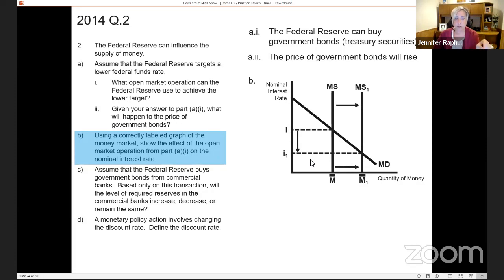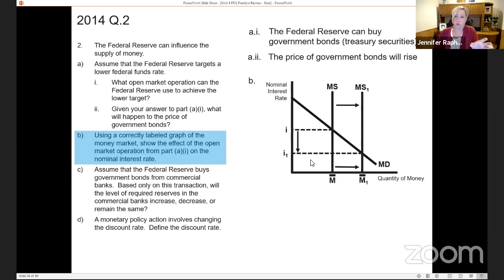Assume that the Federal Reserve buys government bonds from commercial banks. Based only on this transaction, will the level of required reserves in the commercial banks increase, decrease, or remain the same? So remember what we showed before on the Sewell Bank balance sheet. When the Fed buys right off of the bank's balance sheet, you don't have reserves on reserves.